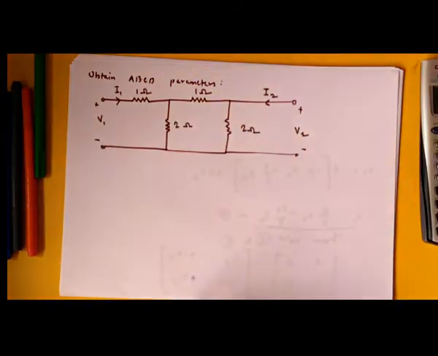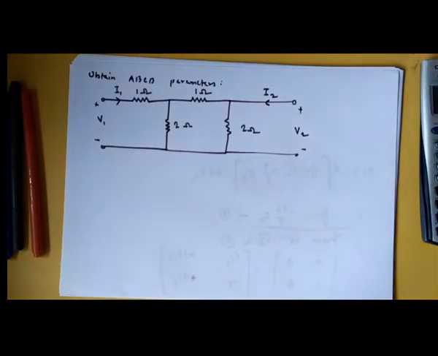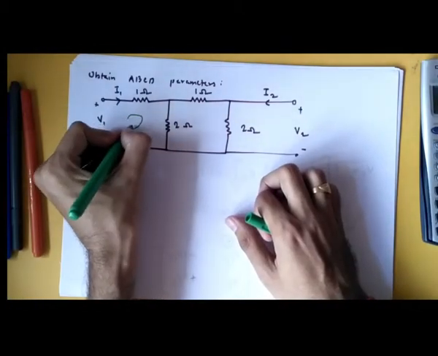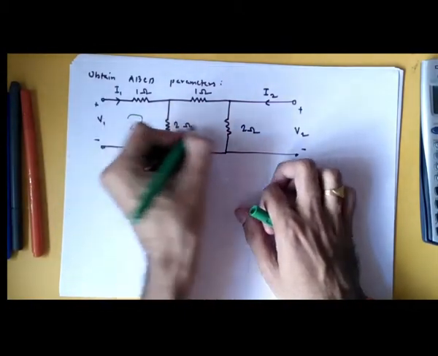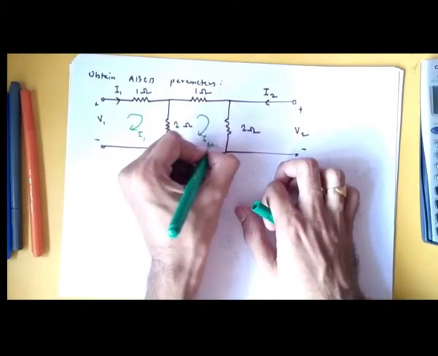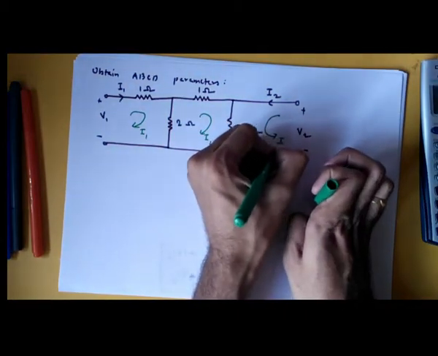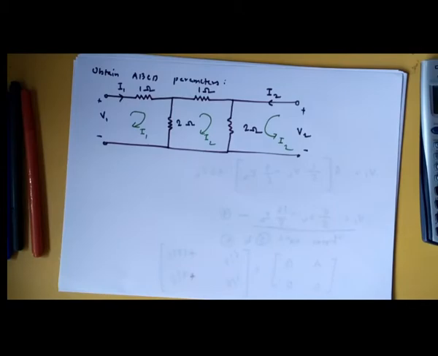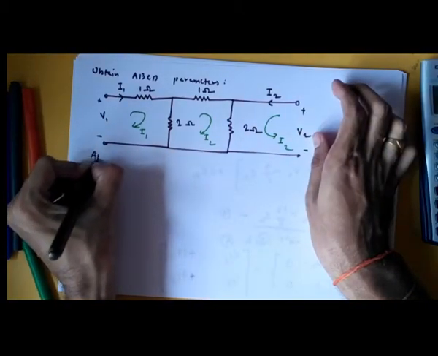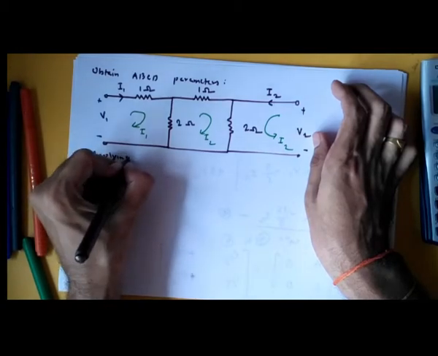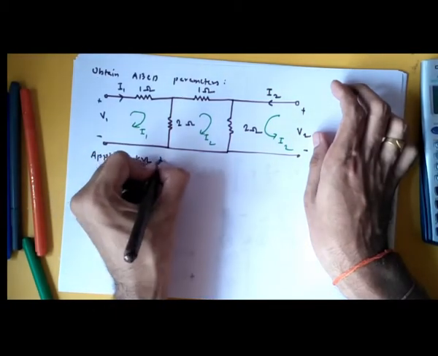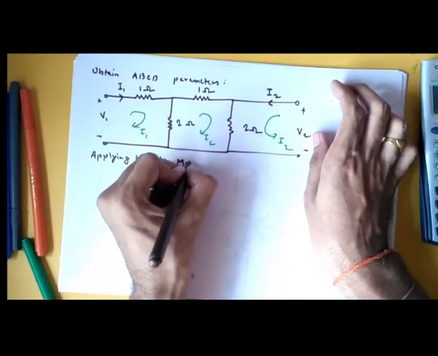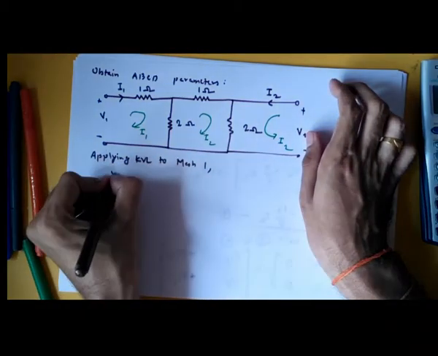Right? So again, we'll assume mesh currents. As I said in the last lecture also, first clockwise, and the outermost loop always take it as anti-clockwise. Then it becomes simple. Then again, applying KVL to mesh 1, what will you get?